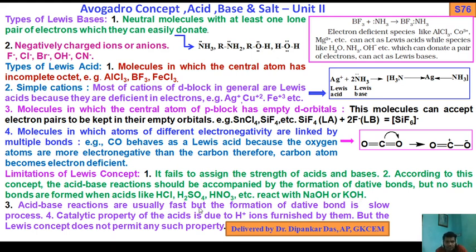Number 3, acid-base reactions are usually fast, but the formation of a dative bond, which we have already discussed as coordinate bond or dative bond, is a slow process.